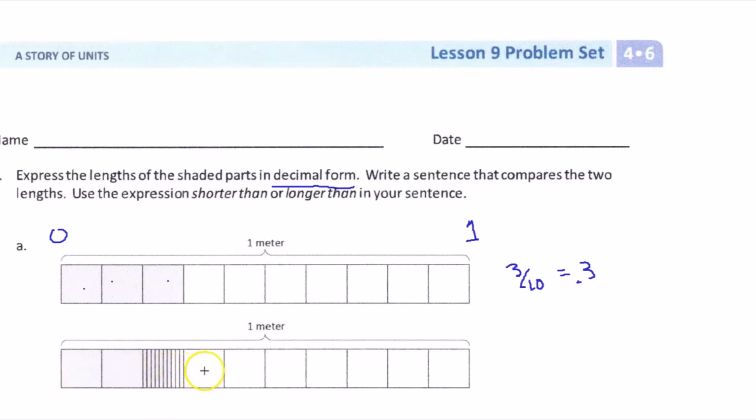If the tenths were broken up into tenths, that would be 10 times 10, that would be hundredths. So in this third tenth here, we're looking at hundredths. And I see 7 of them, 7 out of the 100. Okay, so we have 1/10, 2/10, and 7 hundredths.